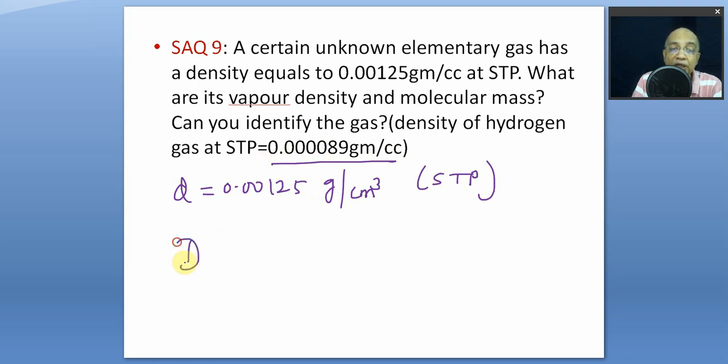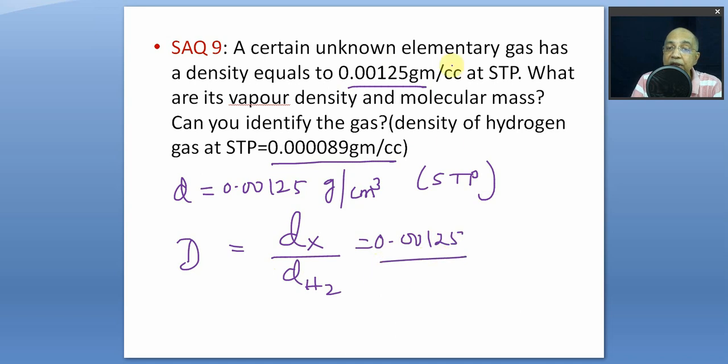So we know vapor density is equal to density of an unknown gas by density of hydrogen. So if the density of unknown gas is given 0.00125 and the density of hydrogen, the same unit has to be maintained, gram per cc, this is also gram per cc. If this is given in gram per liter, you have to convert it to gram per cc.